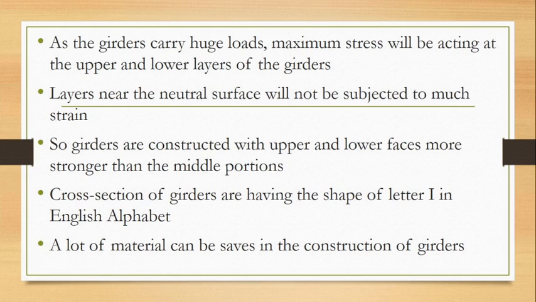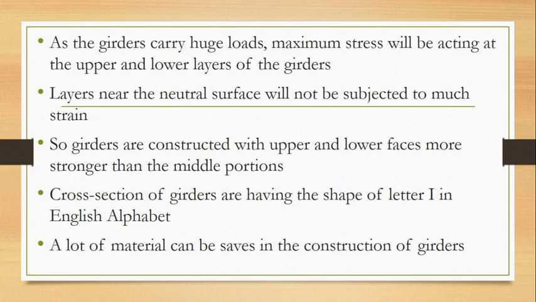So the layers near the neutral surface will not be subjected to much strain, but the maximum stress is acting at the upper as well as lower layers, so the girders are constructed with upper and lower faces stronger than the middle portions.